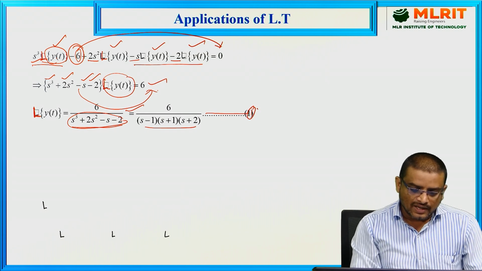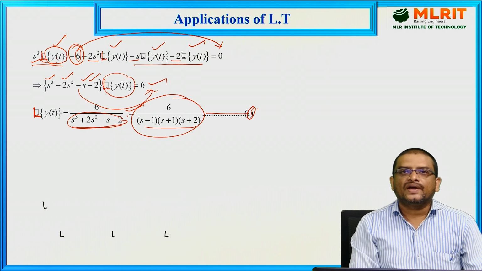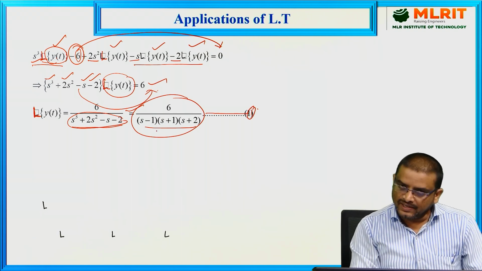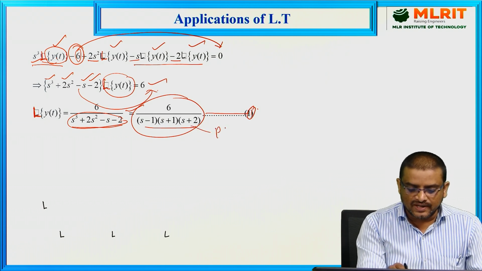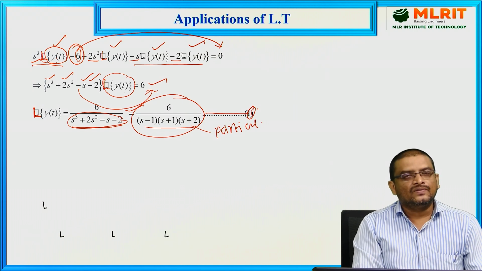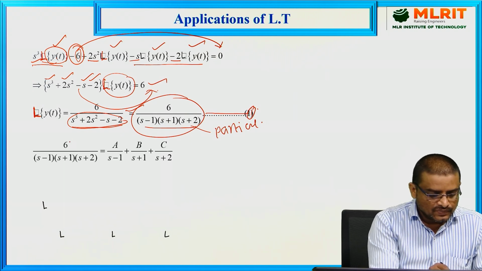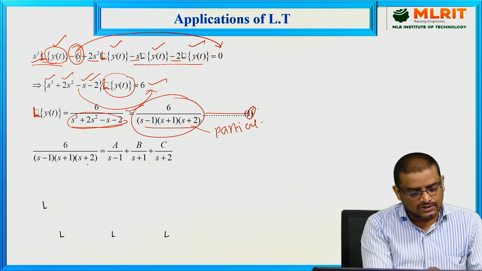Now what I am doing is, I want to split this into partial fractions, because in the denominator we are having a product of 3 linear factors. First I will split this into partial fractions, then I will find out the value of y of t later. For this I will consider 6 by s minus 1, s plus 2, s plus 1.